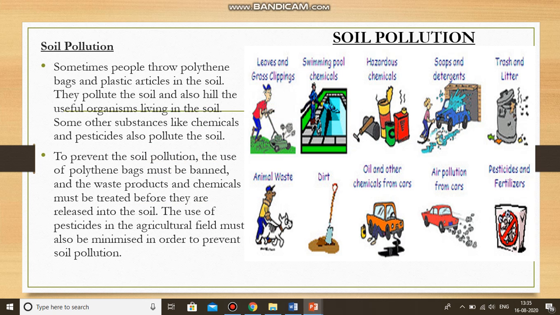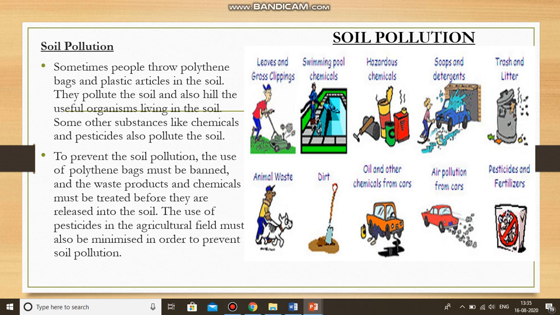Next we will see soil pollution. What actually pollutes the soil? Dumping non-biodegradable substances such as plastic bags and polythene bags causes soil pollution. Waste products from industries which contain chemicals can also affect the soil.